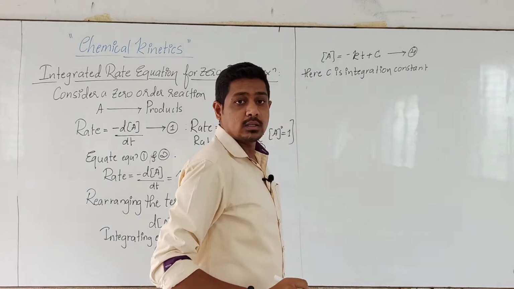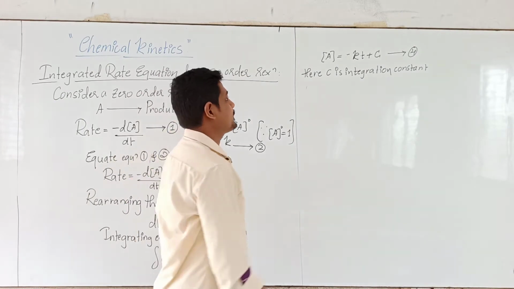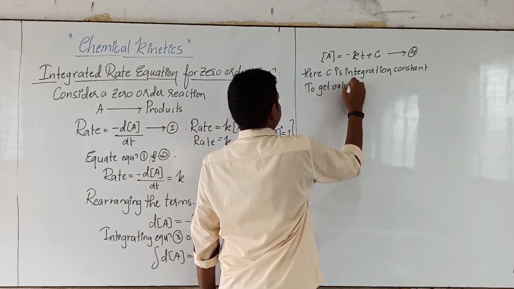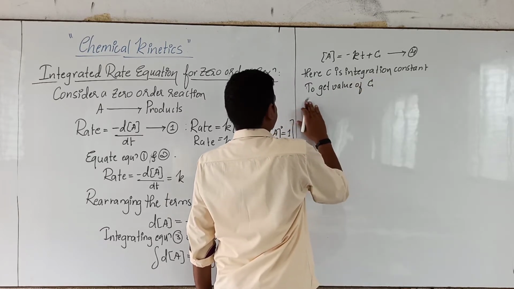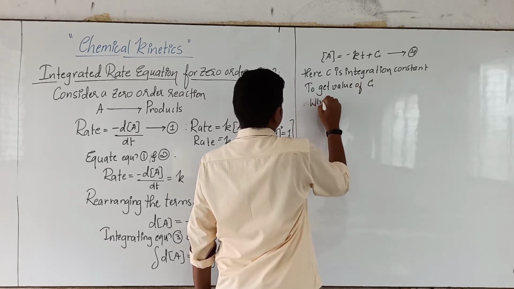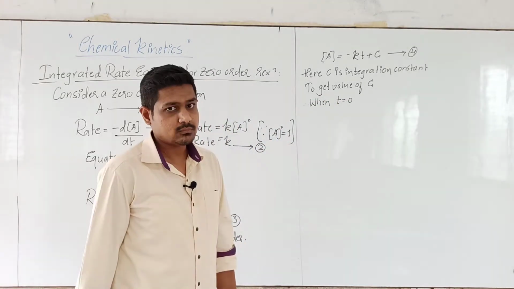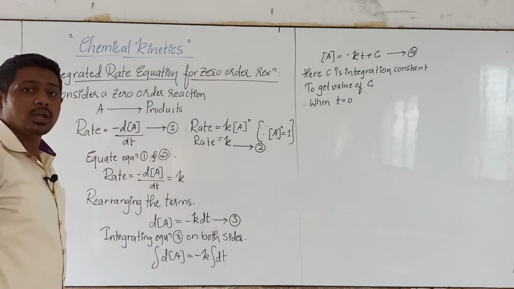Now how do we find out the value of C? To get the value of C, when t is equal to 0, when time is 0, what will be the concentration of A? It will be A naught.